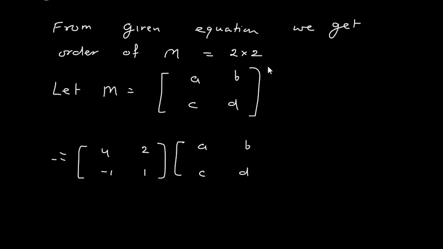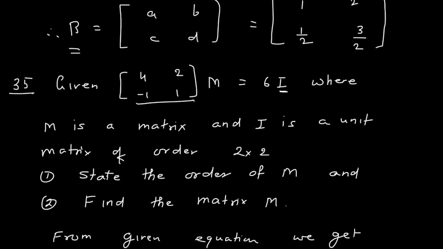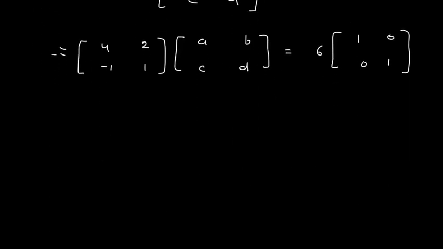This is what is given, 6I. So here we get 4a plus 2c, here we get 4b plus 2d, and here we have minus a plus c, and here we have minus b plus d, is equal to [6, 0; 0, 6].